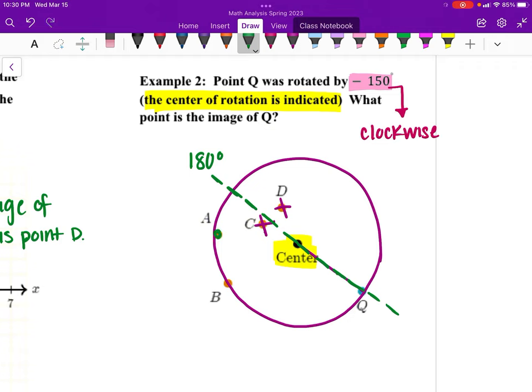If I were to cut this in half, this is 90, right? And if I compare that to the 90 here, 150 isn't closer to 90. It's closer to 180.